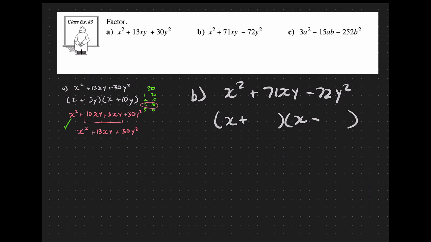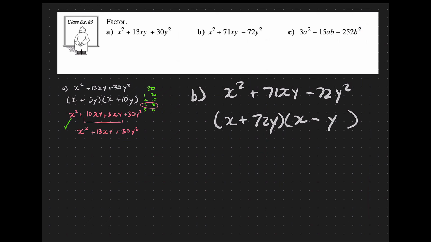So it looks like we're going to have a 72 and a 1. And don't forget that y is there and y is right there. Now because I've got the y here, I don't really need to put this 1 in front of the y. It's not wrong, it's just not following proper conventions. So x plus 72y times x minus y.